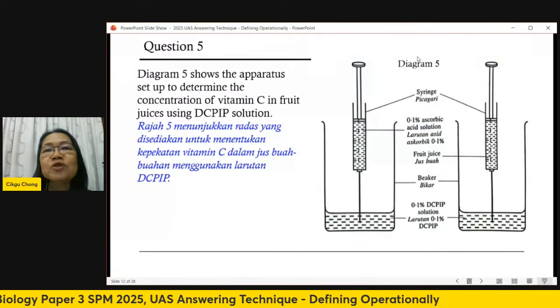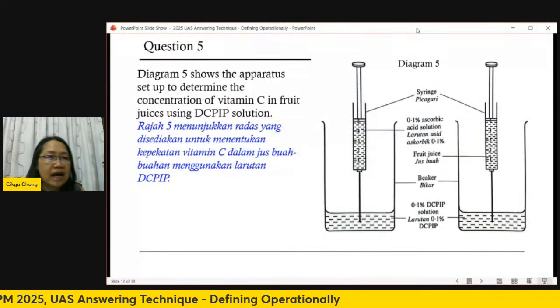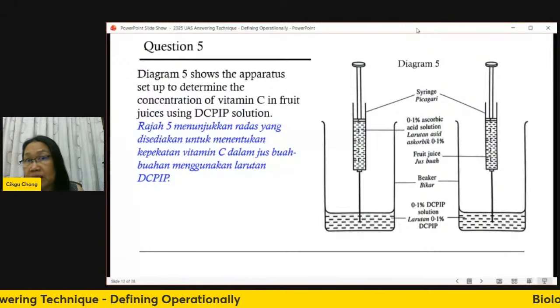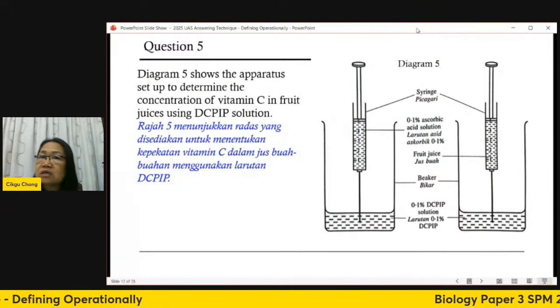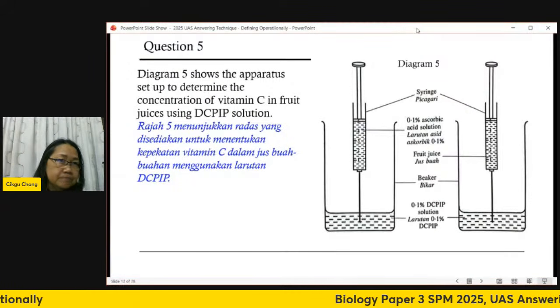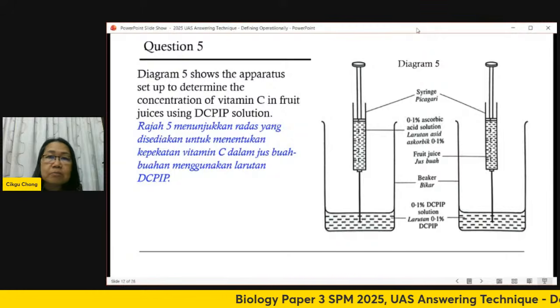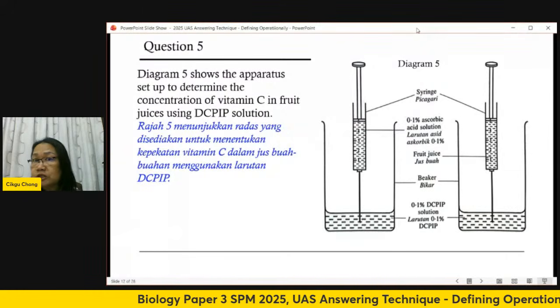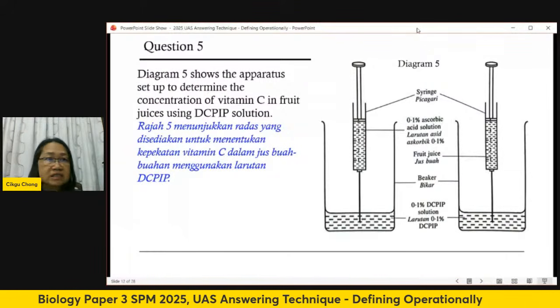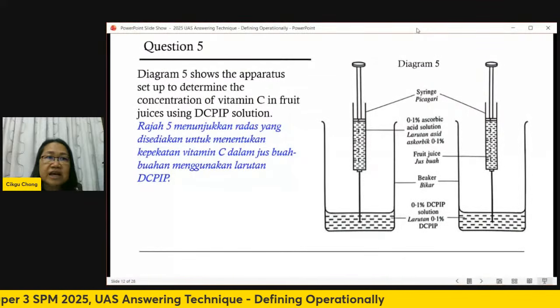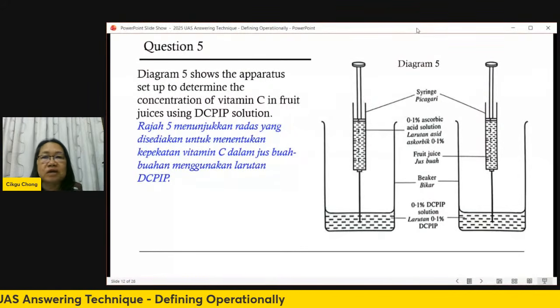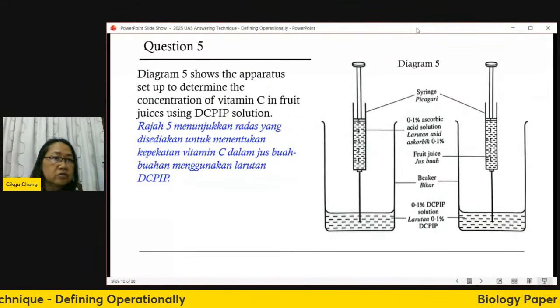Where can you get this module? I don't have a module, but if you want practice past-year questions, you can get them from books, some books publish them. What I'm doing here is all past-year questions, actual SPM questions.